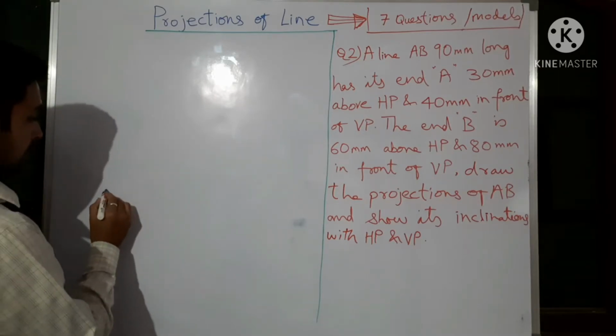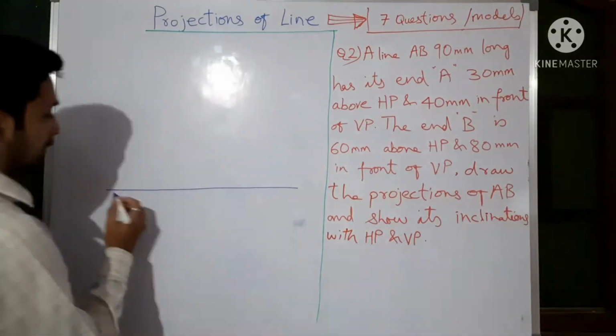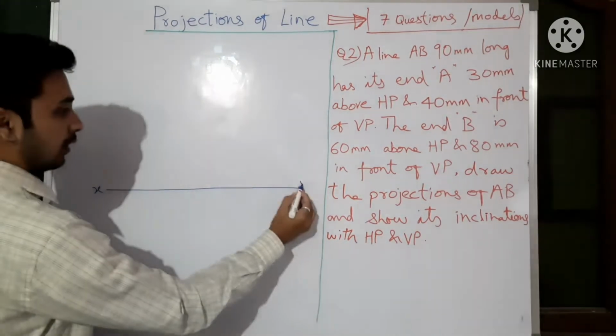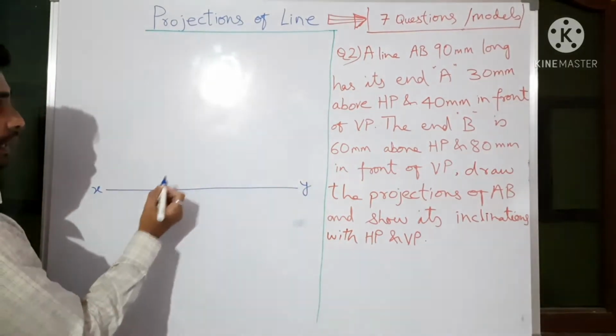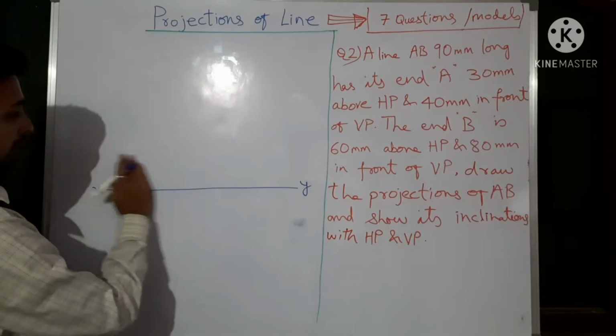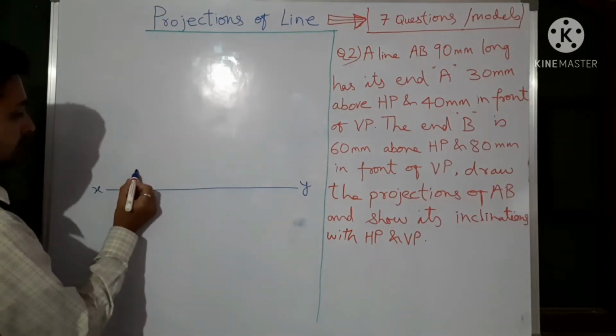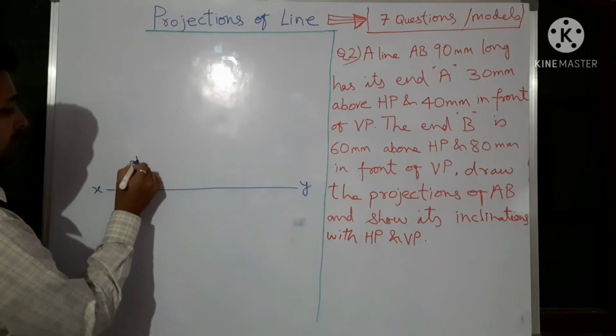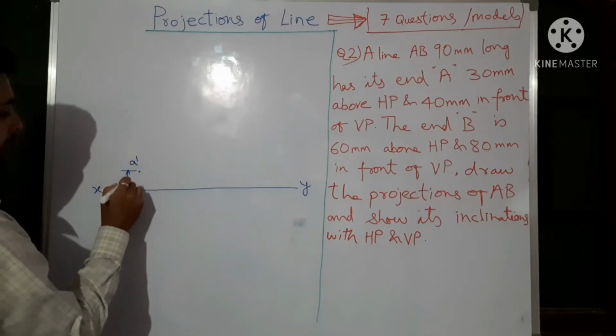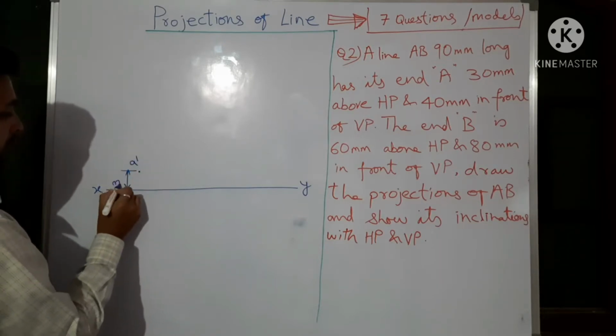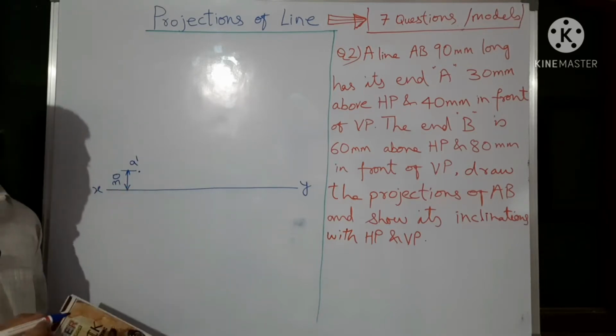Assuming this is our XY line, end A is 30 mm above, so the front view is A dash, 30 mm above.